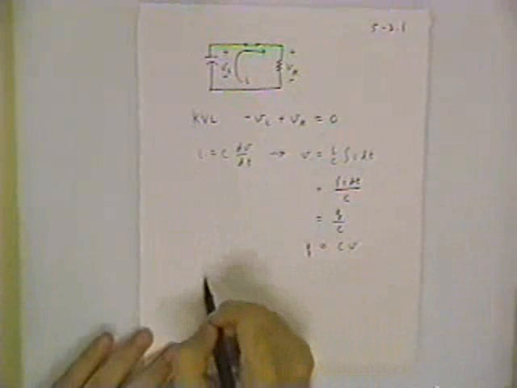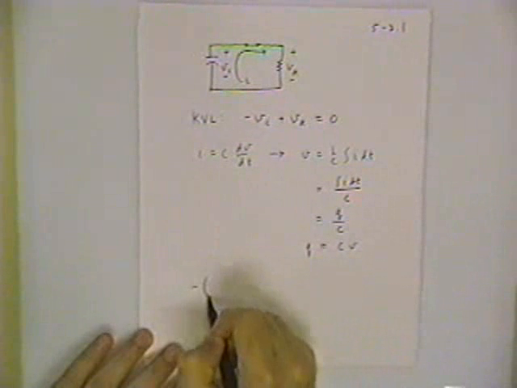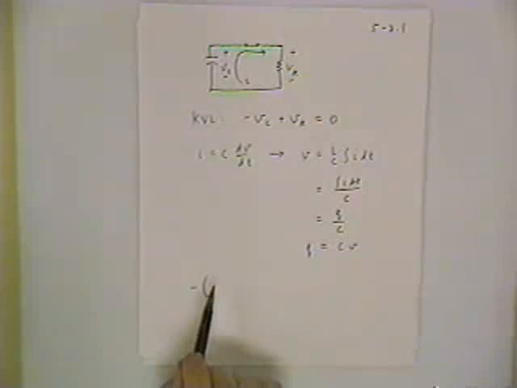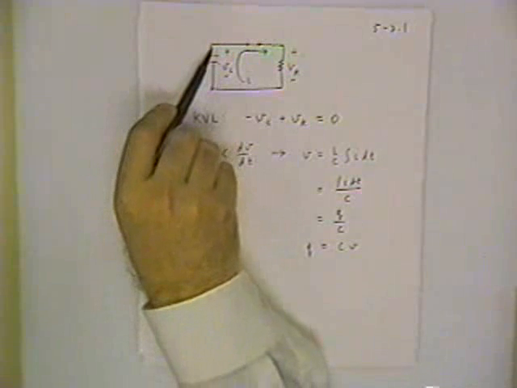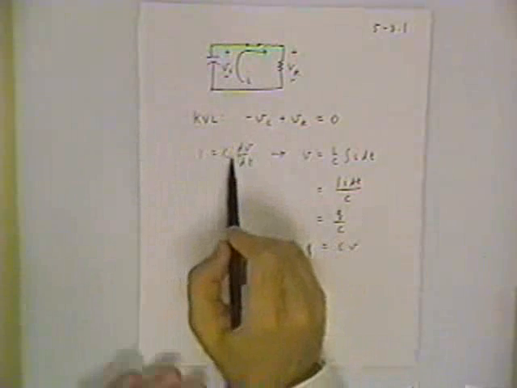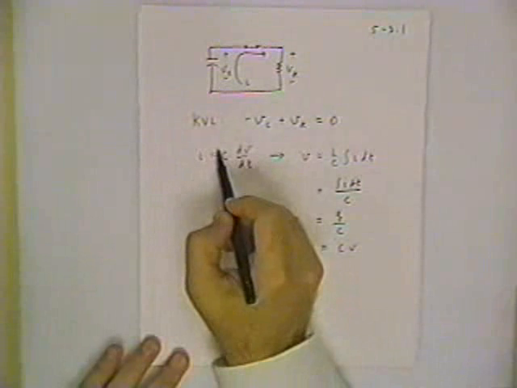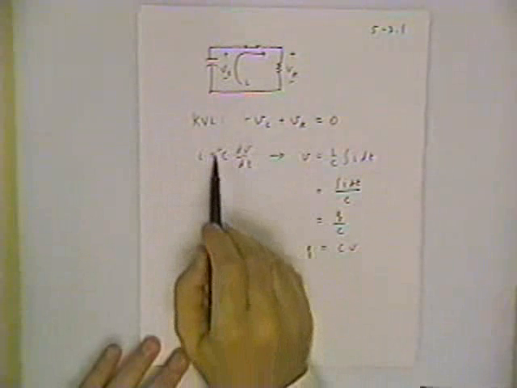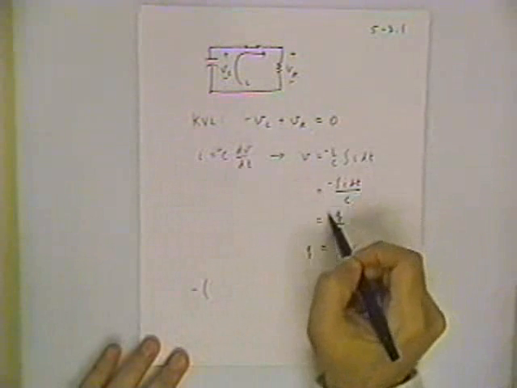So if we continue with our Kirchhoff voltage law, we have a minus VC, but remember the passive sign convention? This current is going from lower to higher potential. And the way I wrote the model here was with the positive sign. If I wanted to make this correct with the passive sign convention, I need a negative sign here and a negative sign throughout here.